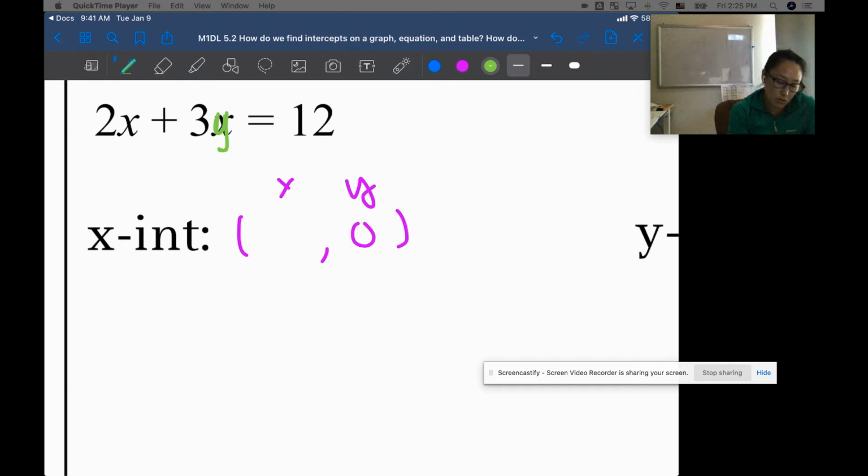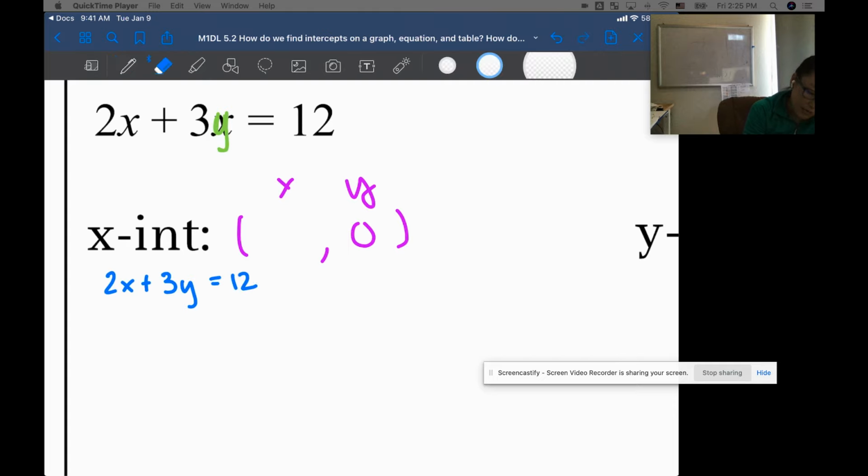So I need to plug in 0 for the y value. So I'm going to start with 2x plus 3y is equal to 12. And instead of y, I'm going to plug in a 0. So I get 2x plus 3 times 0 is equal to 12. 3 times 0 is 0.